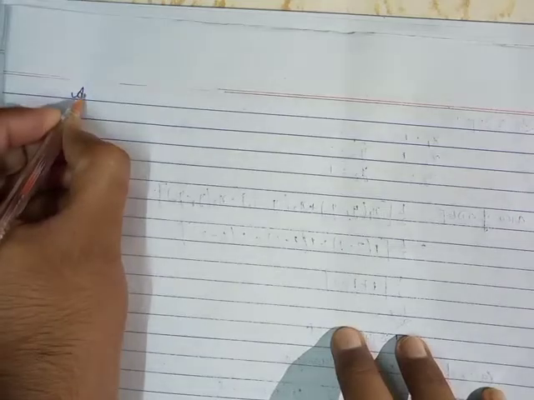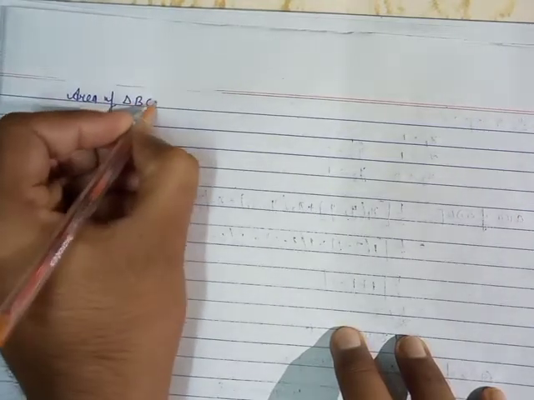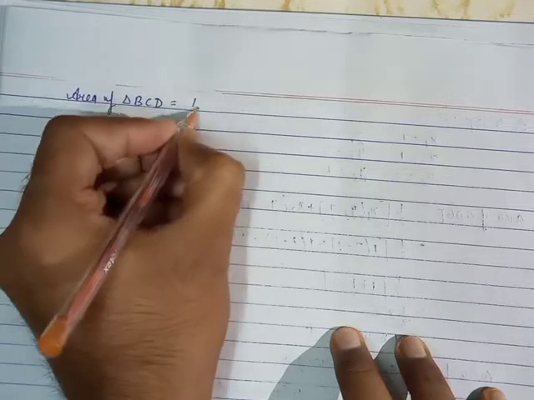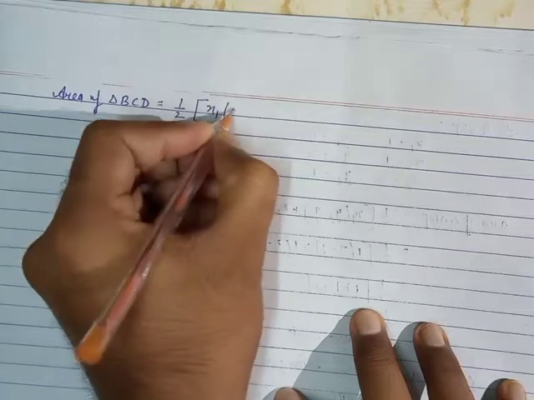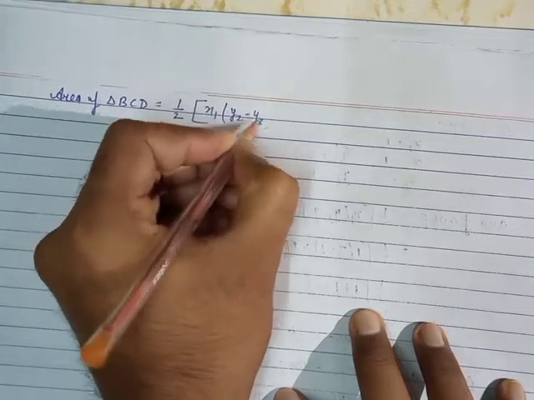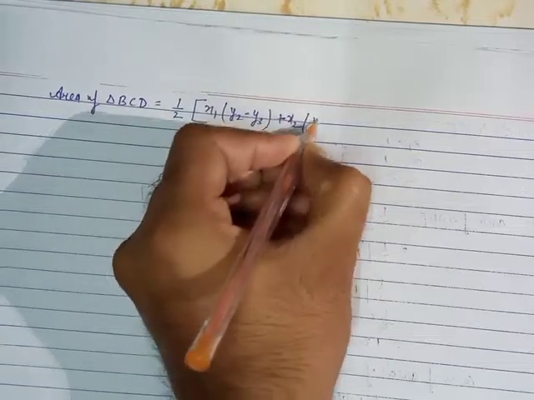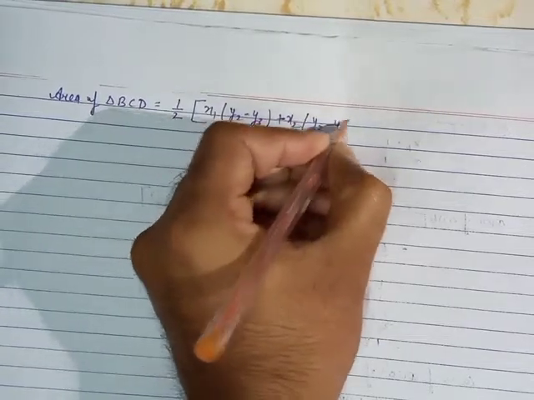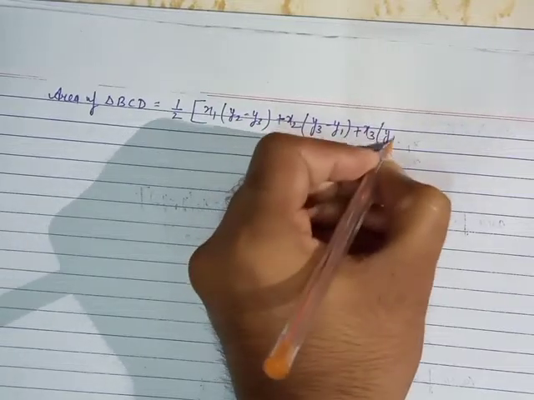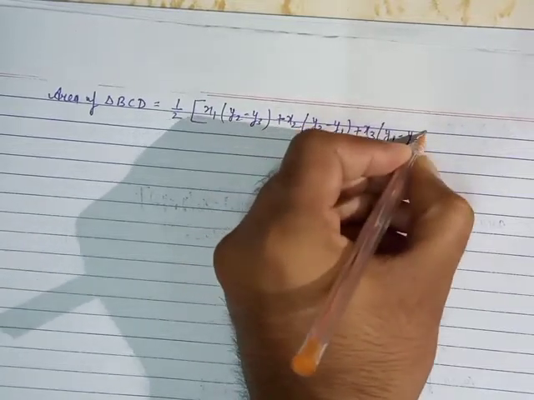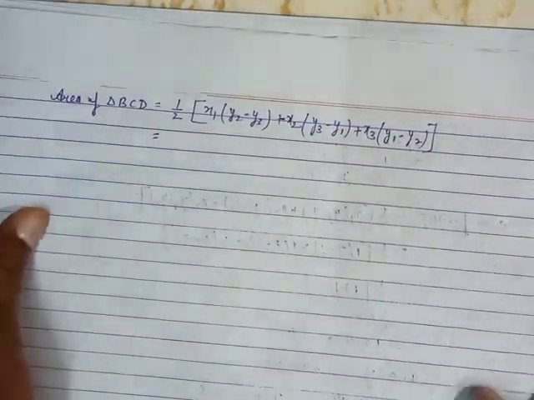Area of triangle BCD, we write here the formula, x1 (y2 minus y3), x2 (y3 minus y1), x3 (y1 minus y2) here. Now we are putting the values of x1, y1 here.